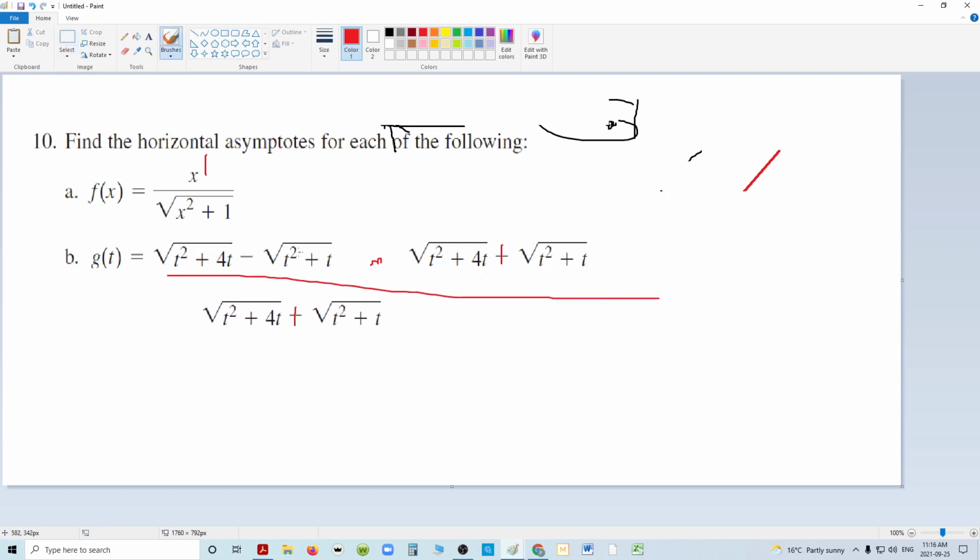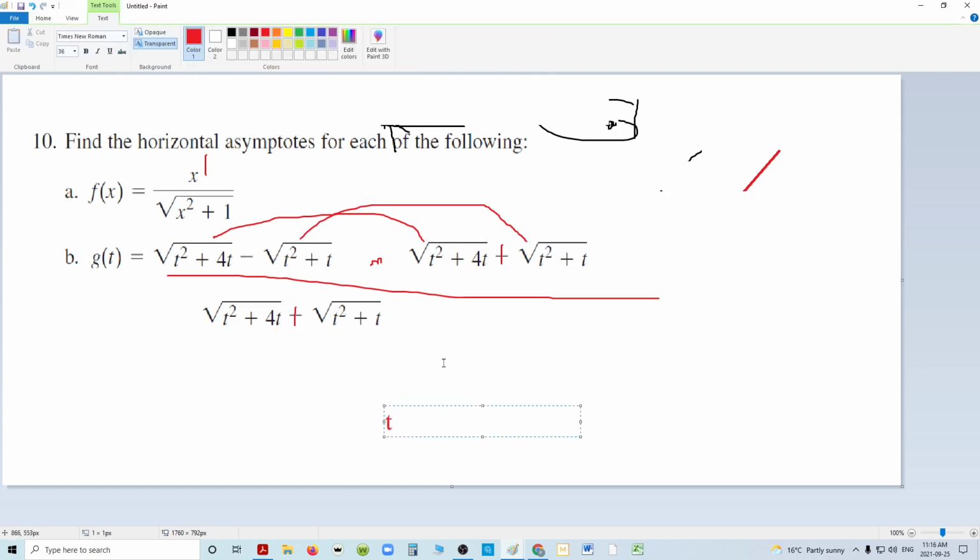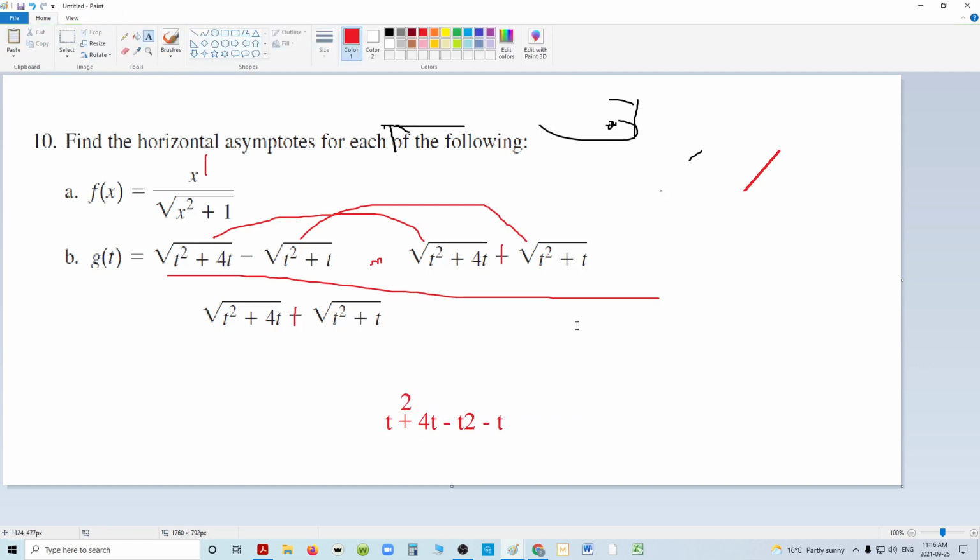But when I multiply these out, I discover that the middle term disappears, and then this becomes minus whatever's the content. So essentially I get t squared plus 4t minus t squared minus t. So you can see the t squareds cancel out, and I'm simply left with 3t at the top.